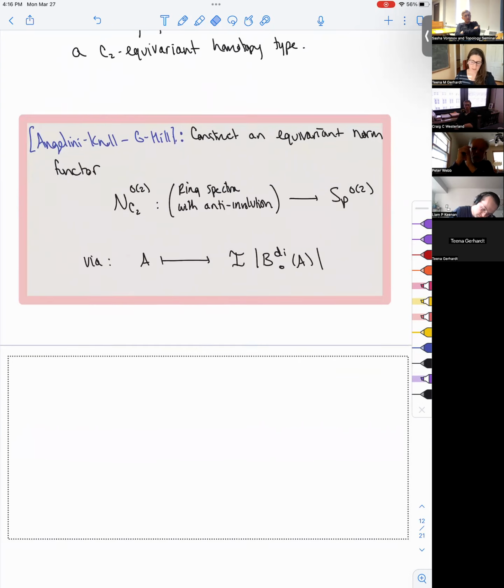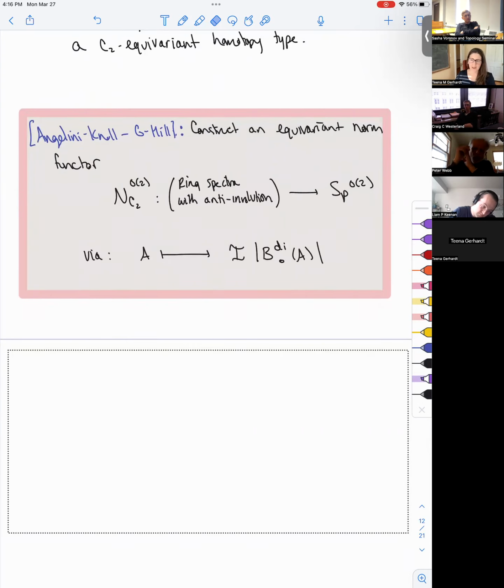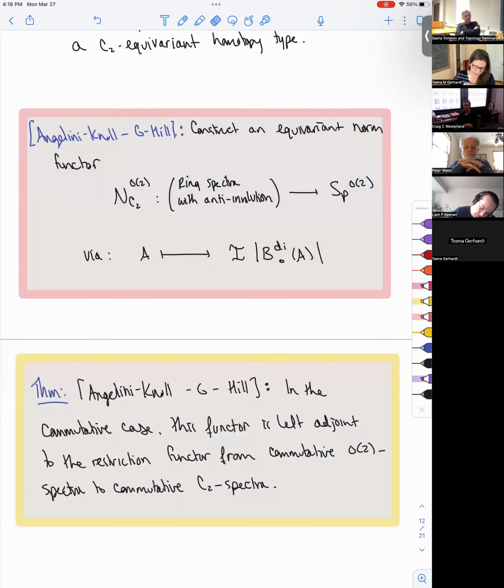And you might ask, how do you know that that's the norm? I'll give maybe a couple of answers to that. The first answer of why you should believe that this is the norm is that in the commutative case, it does the thing that the norm is supposed to do. This is the functor that's left adjoint to the restriction functor. So that's a good reality check that this makes sense as a model for the norm, and we'll see some more reality checks later.